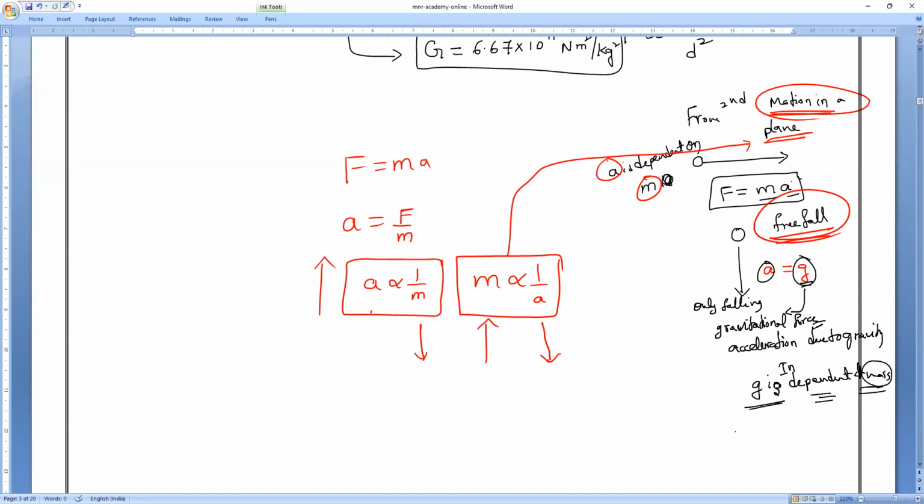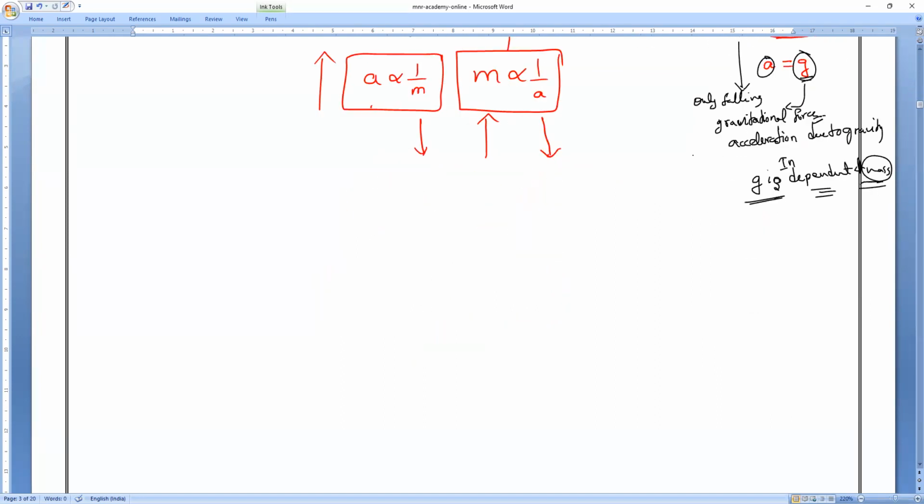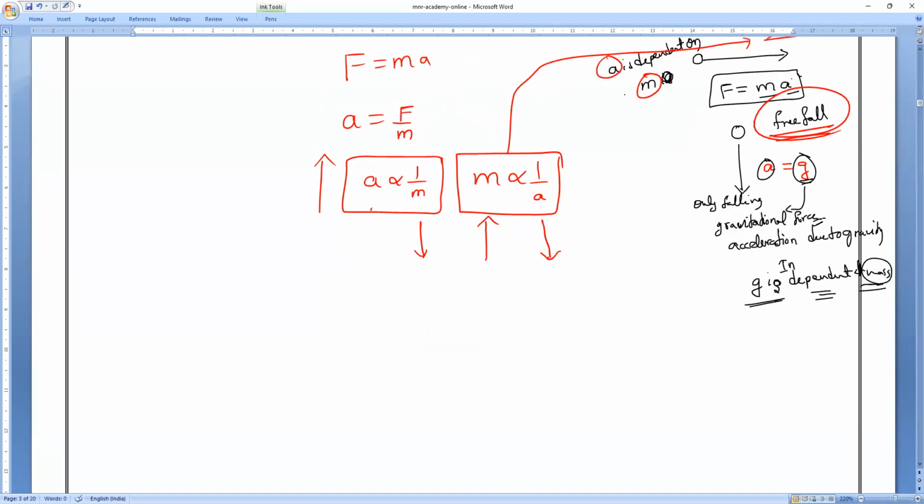So irrespective of masses, heavier body or lighter body, big body or small body, both will reach the ground.